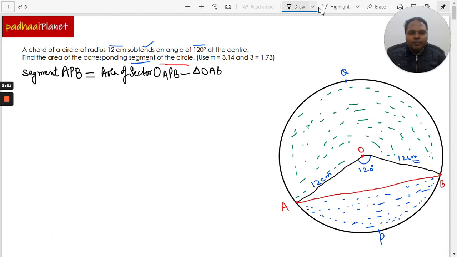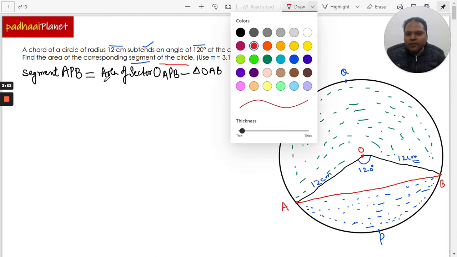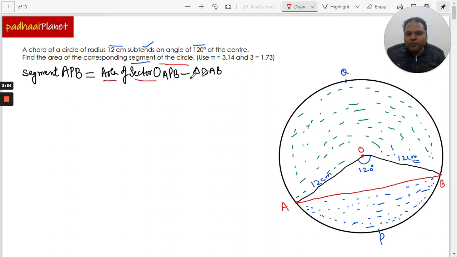So the point for us is that we find out the area of these two things, right? Now again, we are going to run short of space in this question, so I'm going to use this space here also.